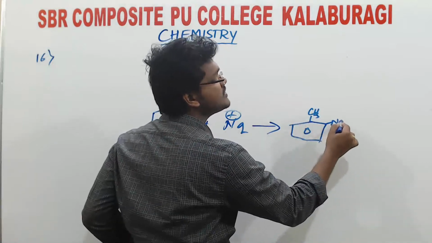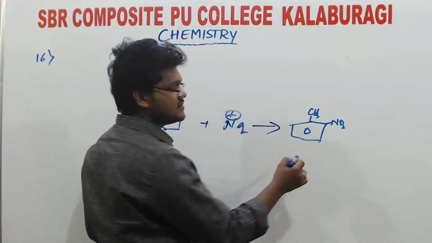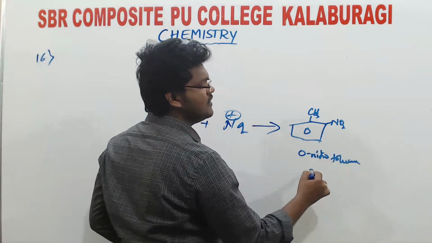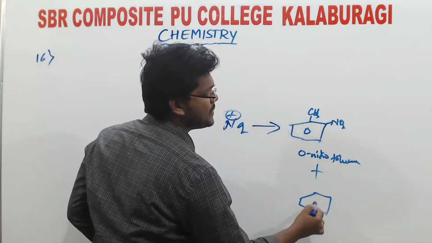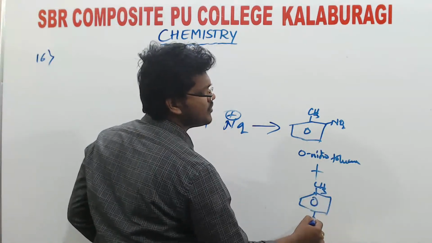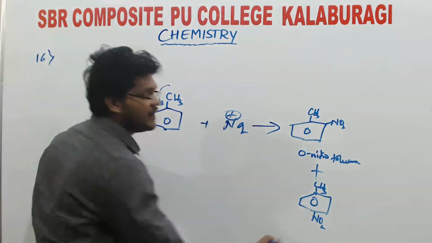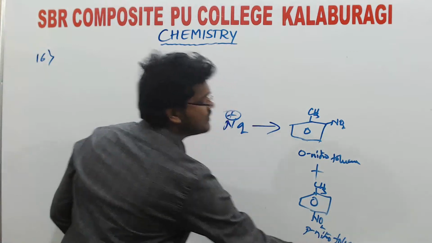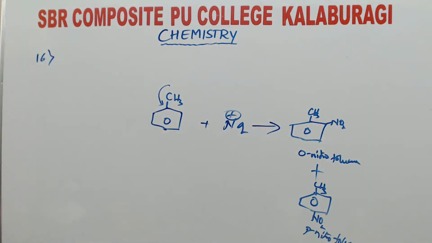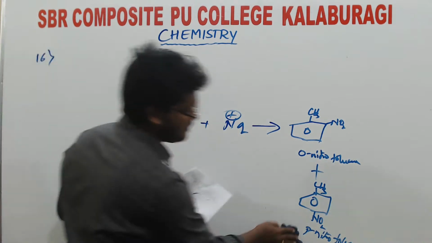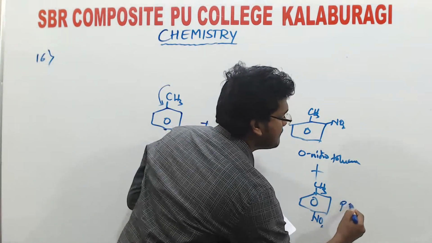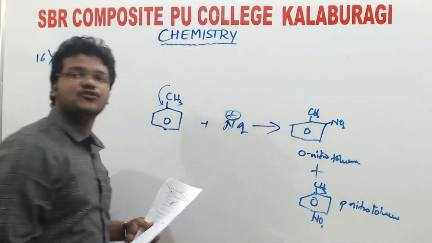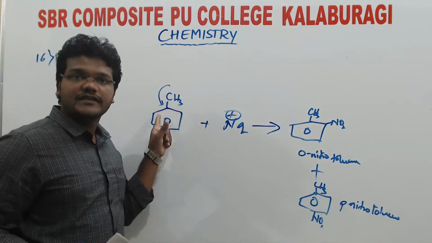Nitration of toluene gives ortho-nitrotoluene, and my other product is para-nitrotoluene. So I'm going to get two products, obviously, because this electron donating group increases electron density at ortho and para.